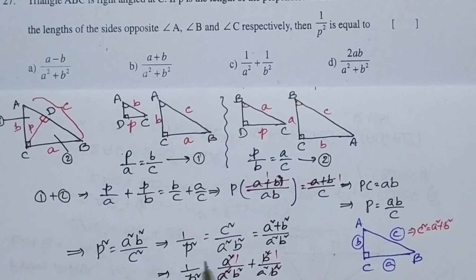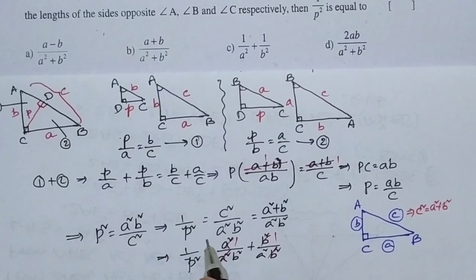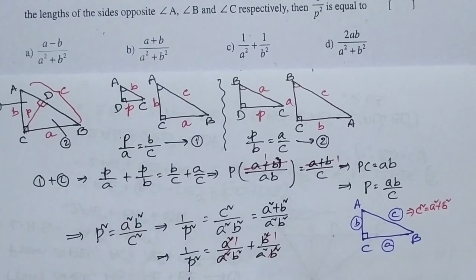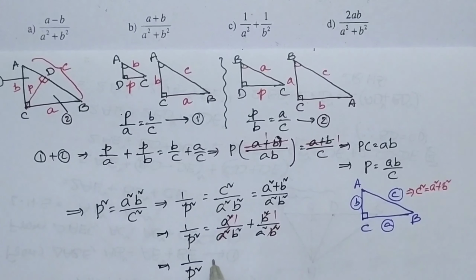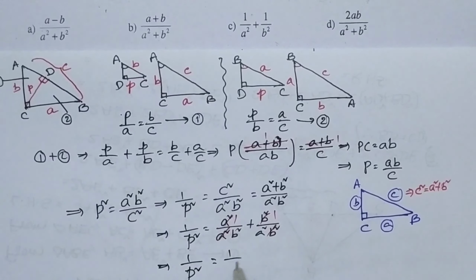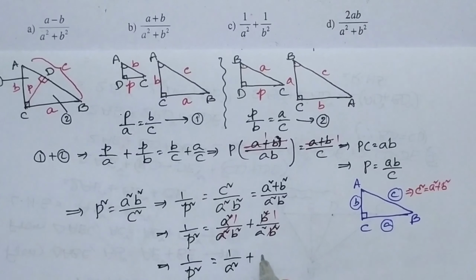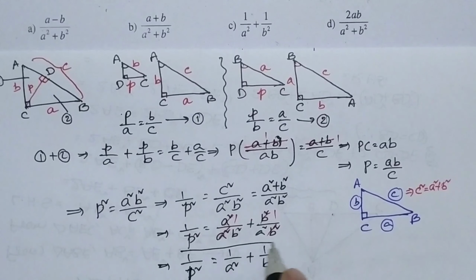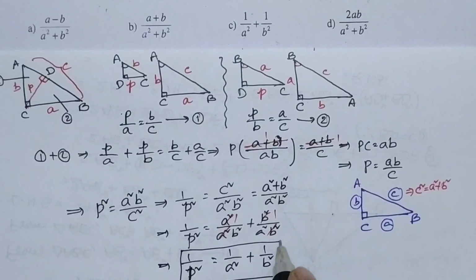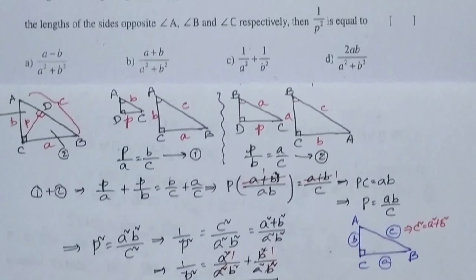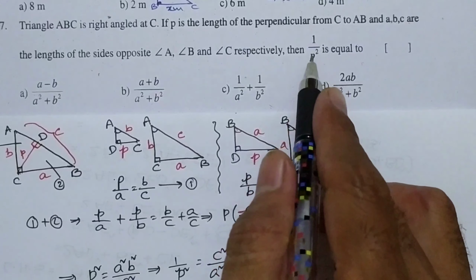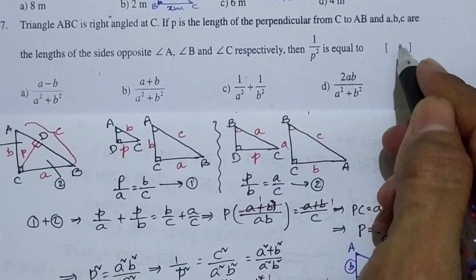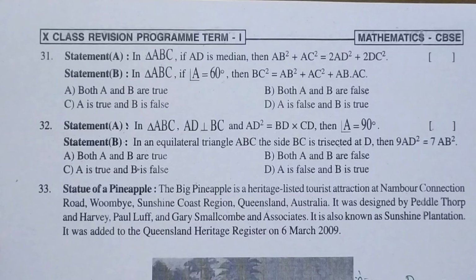So finally we get 1 by P square is equal to 1 by A square plus 1 by B square. So finally let us conclude 1 by P square equal to 1 by A square plus 1 by B square. Let us see options here. You see 1 by P square equal to 1 by A square plus 1 by B square. So for this, option C is the right answer.